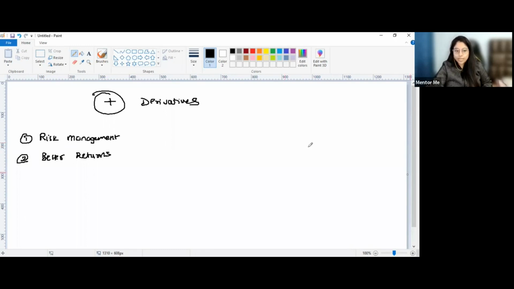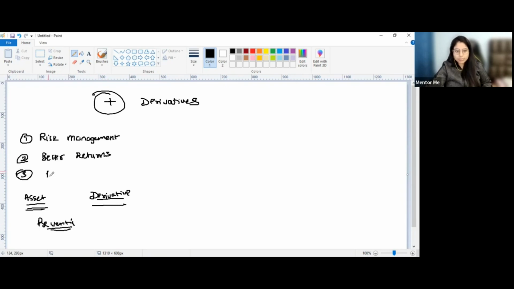And if we have an asset and against which we have a derivative also, it also helps in preventing arbitrage opportunities, or increases market efficiency. Okay, we'll talk about arbitrage more in some time.